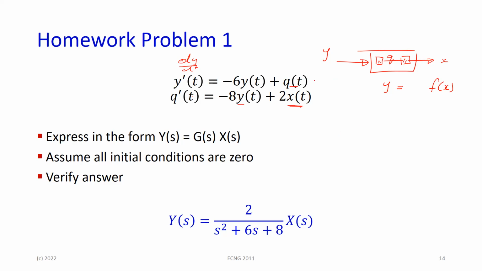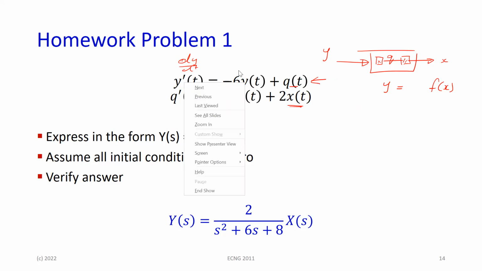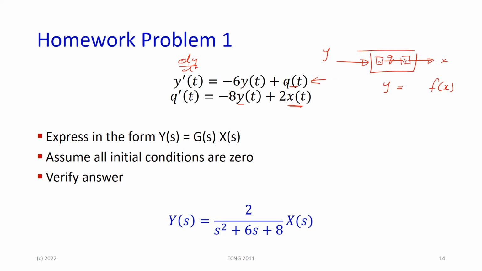The first step would be, if I take another derivative of this, I'd get y double prime is equal to minus 6y prime plus q prime. And if I have q prime here, then I could substitute q prime from this. So I'll now get an equation with y and x alone.